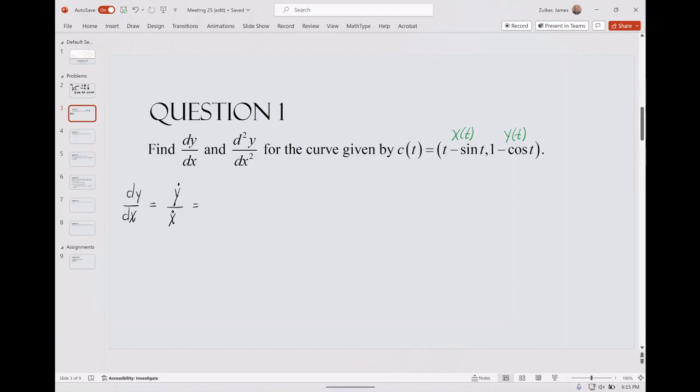What's y? One minus the sine t. So what's its derivative? Sine t. Just sine t, isn't it?